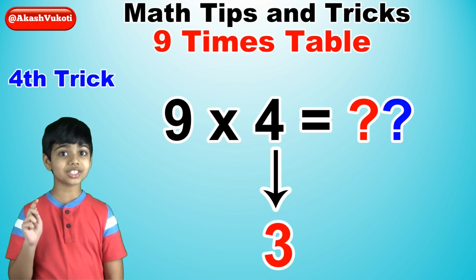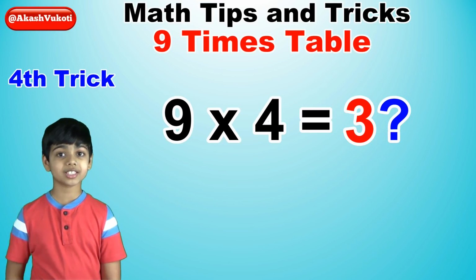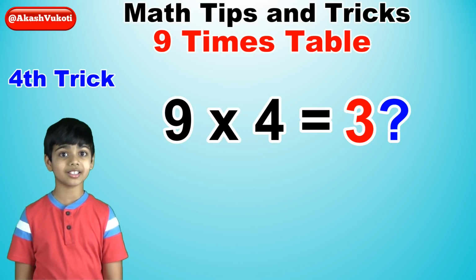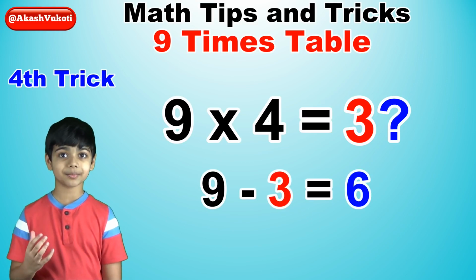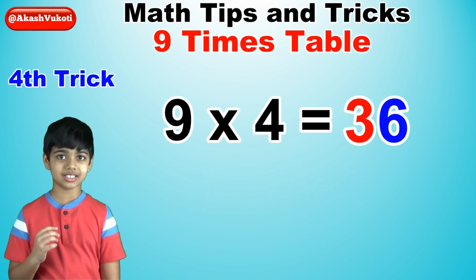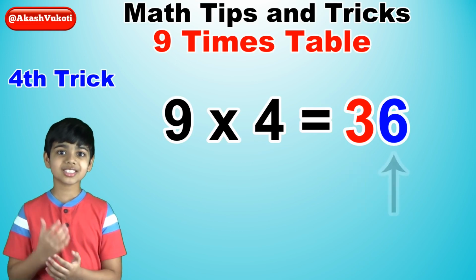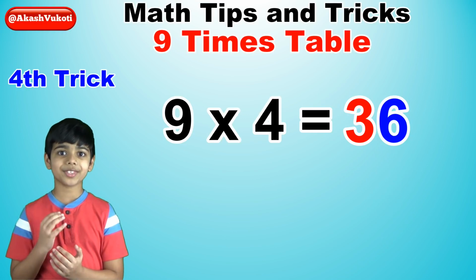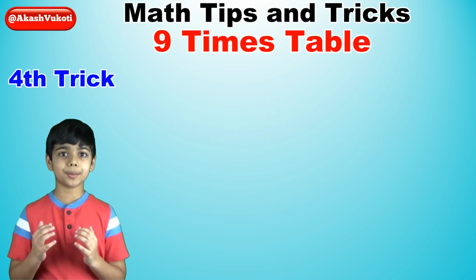This number is the first digit. The last digit is found by subtracting this number from 9. So 9 minus 3 is 6. 6 is the last digit. So 3 is the first digit, 6 is the last digit. The answer is 36.